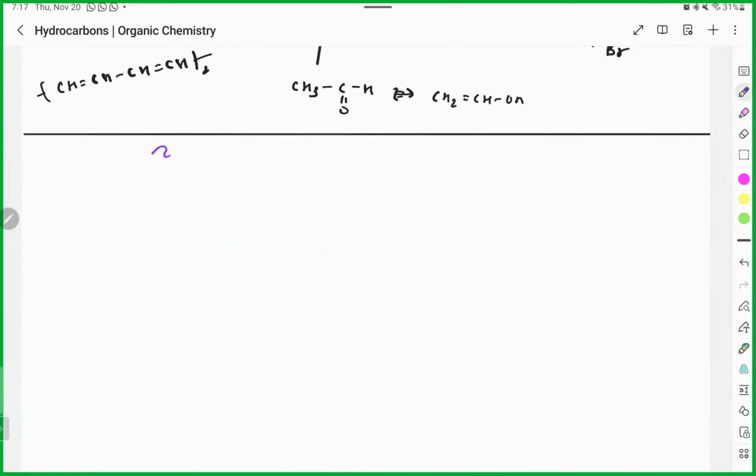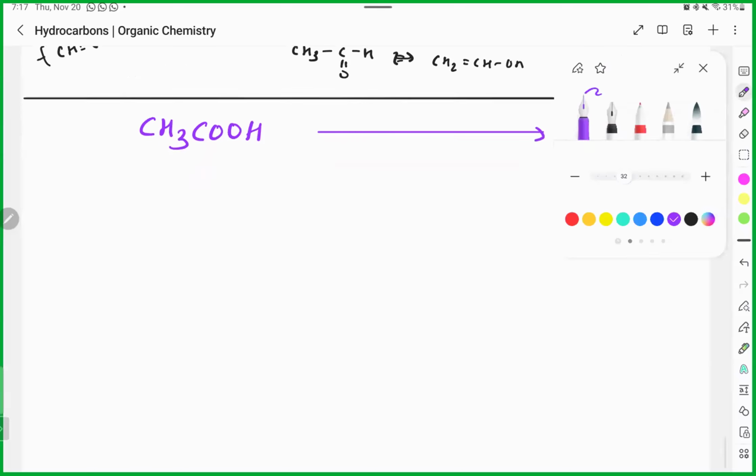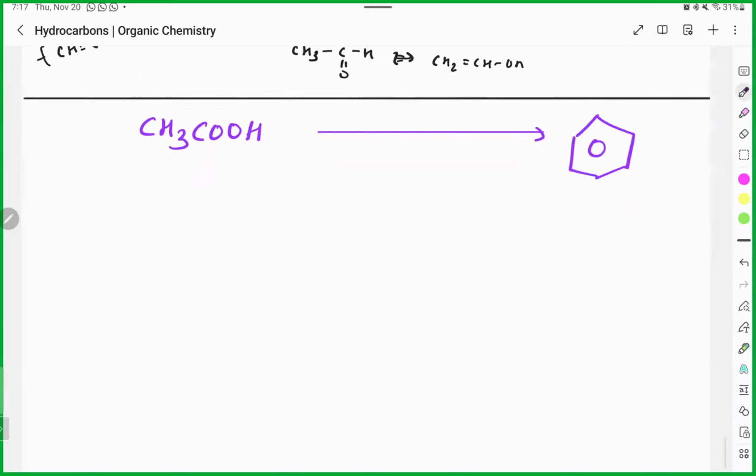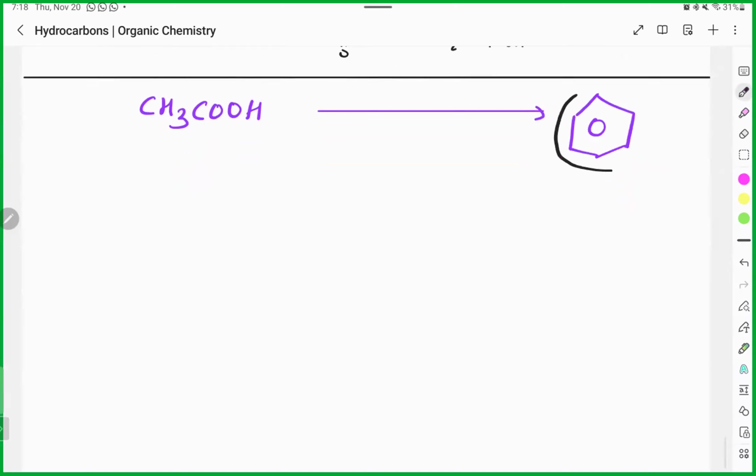How to convert ethanoic acid into a benzene ring? How to convert ethanoic acid into a benzene ring? See, because we are not doing the board part, we are not bothered about how, but you should know what the possible reactants are for benzene formation.